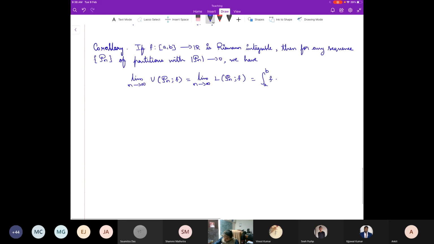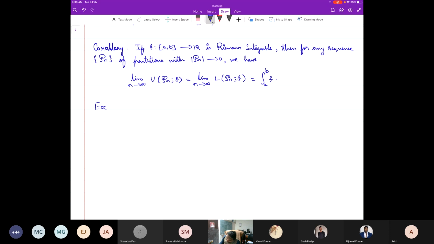Sometimes to calculate the value of the Riemann integral, you can somehow show that it is Riemann integrable, but how to find the value? These partitions are going to help us. That's the whole point.